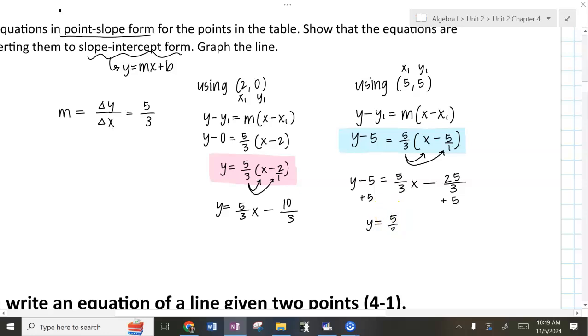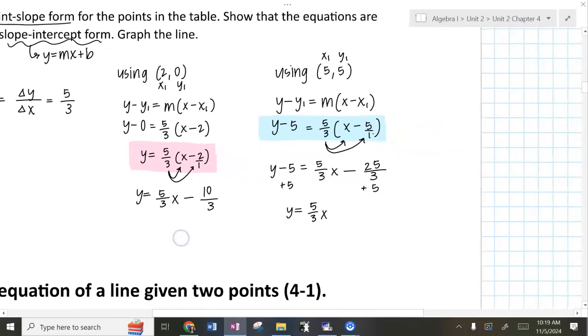Bring down your 5/3 x, then combine the like terms negative 25 over 3 plus 5. In order to add together fractions, we have to get a common denominator. So let's go off to the side and figure out what's negative 25 over 3 plus 5 over 1. The common denominator would be a 3.